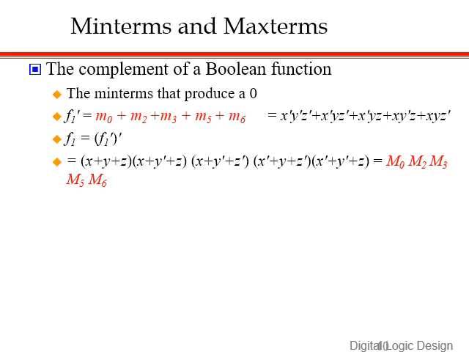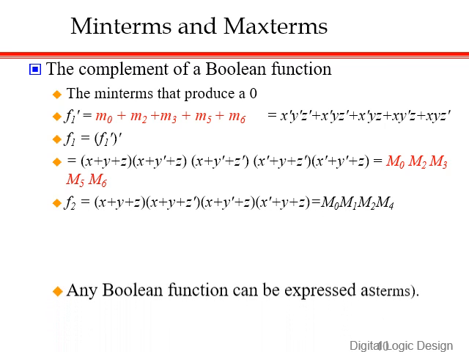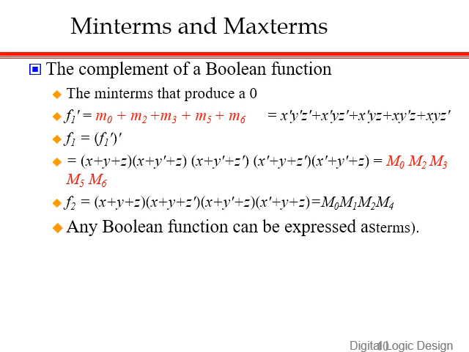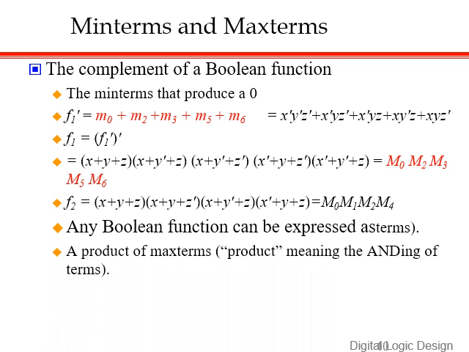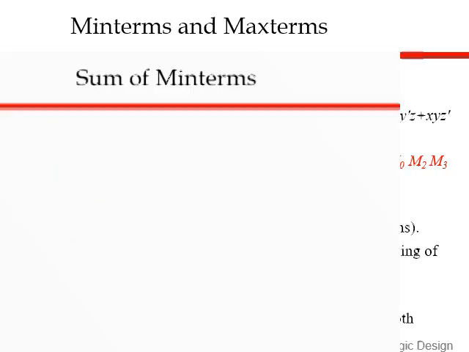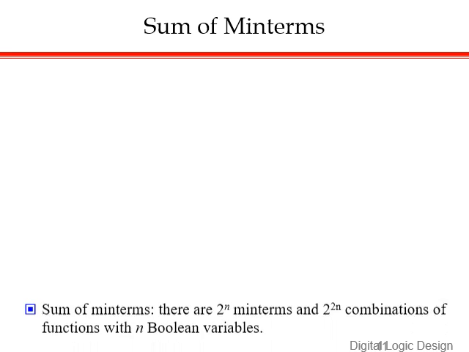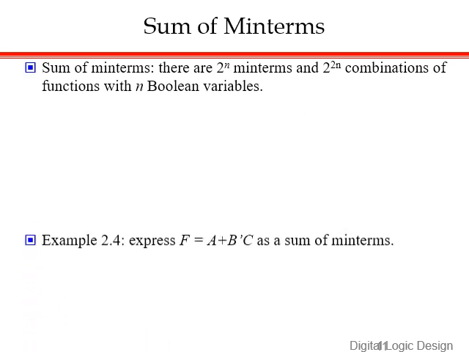Simply for Maxterms you have to take the complement of the minterms. So these are basically the two canonical forms: sum of minterms and product of maxterms.